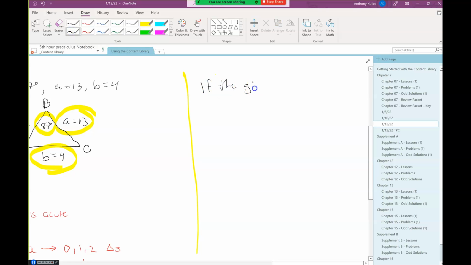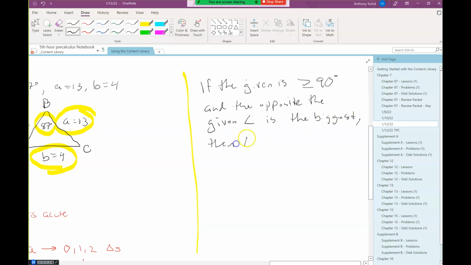So if the given angle is greater than or equal to 90 degrees, so that means if it's obtuse or right, and the side opposite the given angle is the biggest, then you just get 1 triangle.